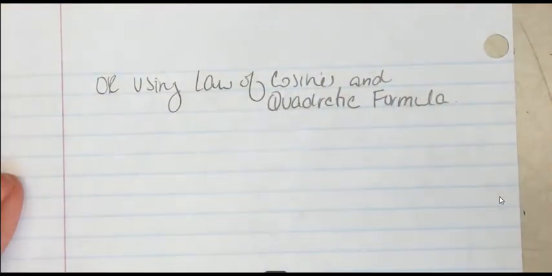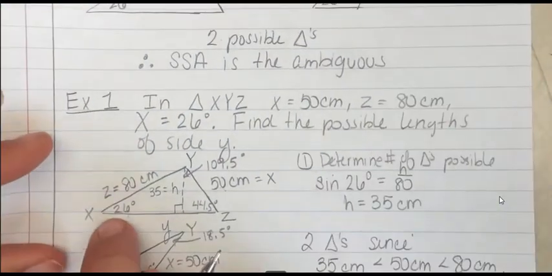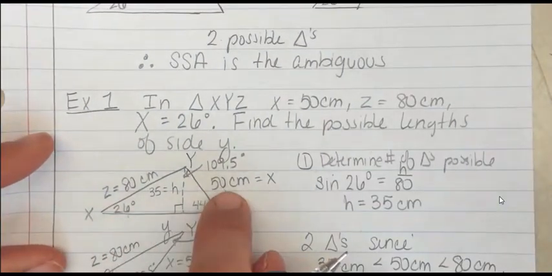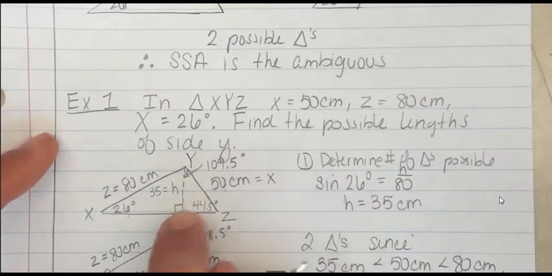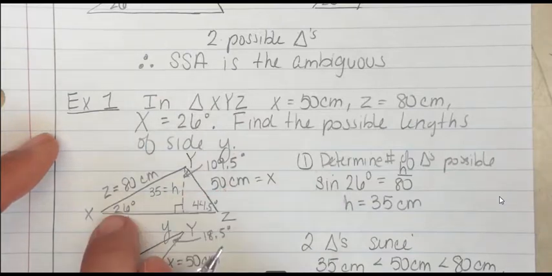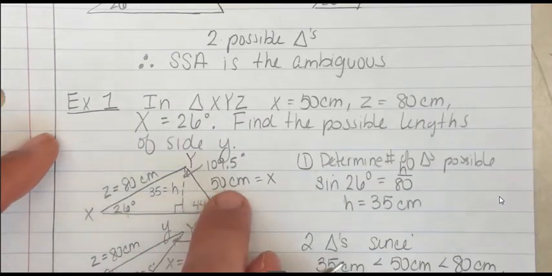Okay, so using law of cosines, I've got this angle and I've got this side across from it. And what I'm trying to find is this side y. So I'm going to start with using these two things in my law of cosines.